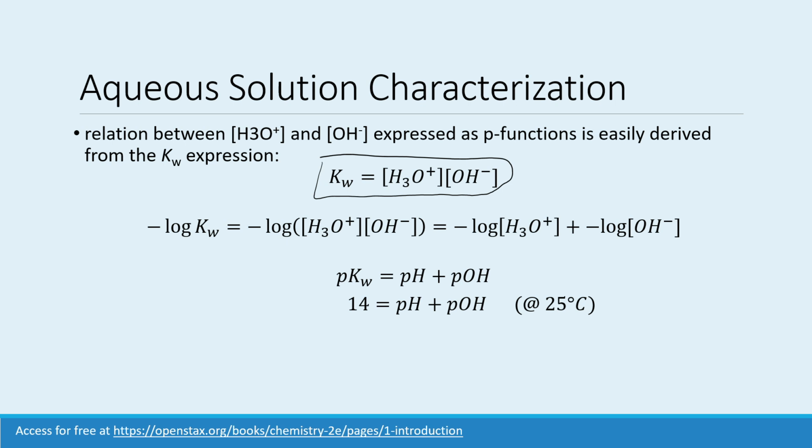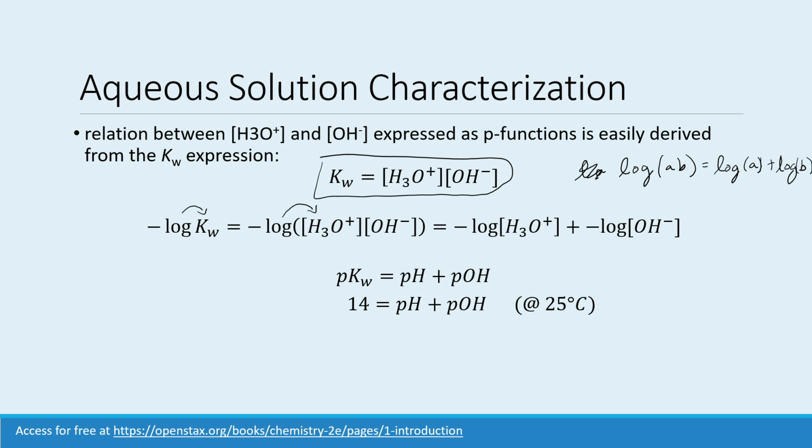And so if we take the negative log of both sides, right, the negative log of Kw and the negative log of hydroxide and hydronium ions multiplied together, we can then separate out. Remember, if you have a log of values A times B, you can separate that out to say the log of A plus the log of B.